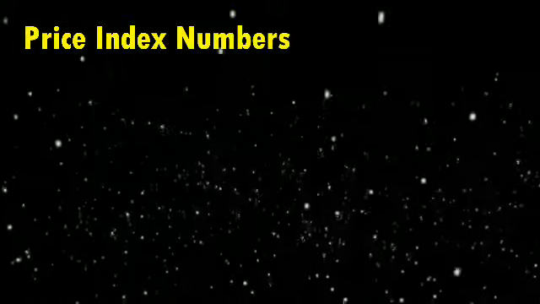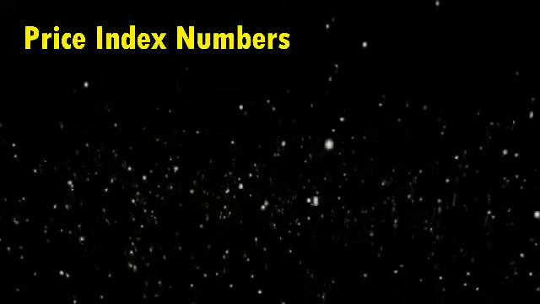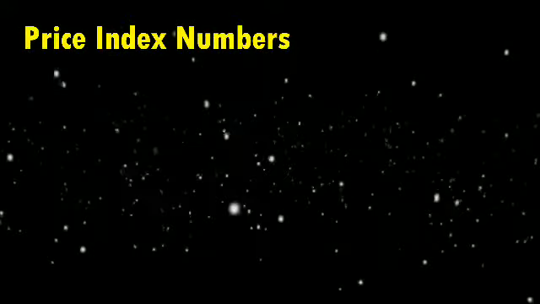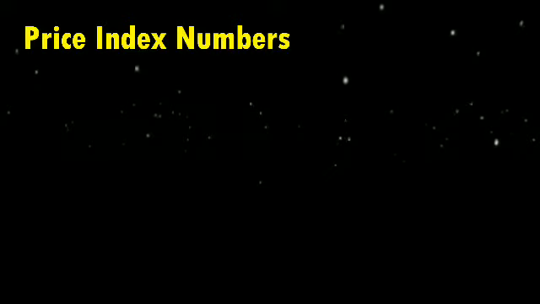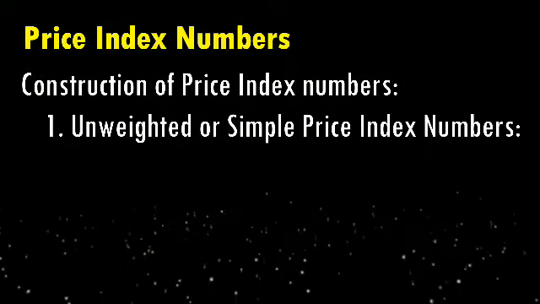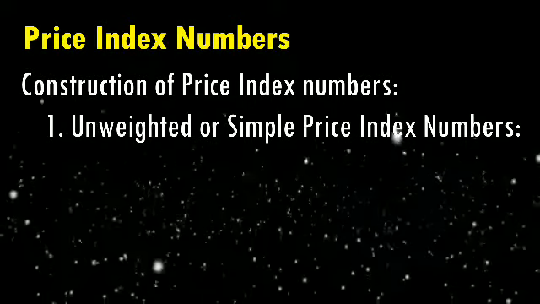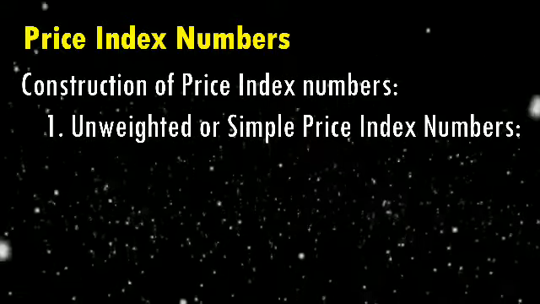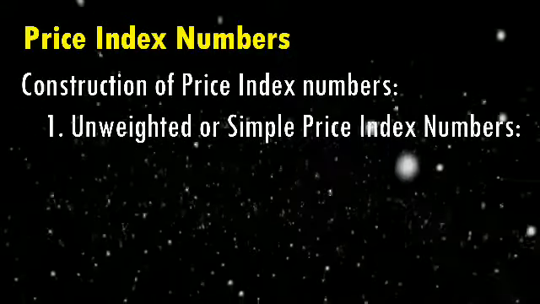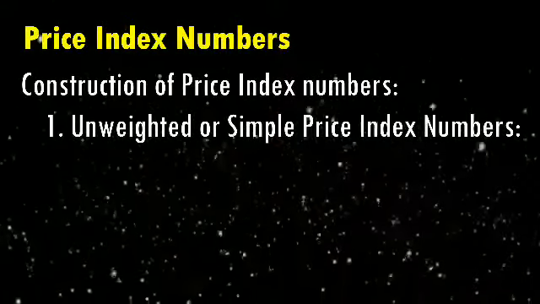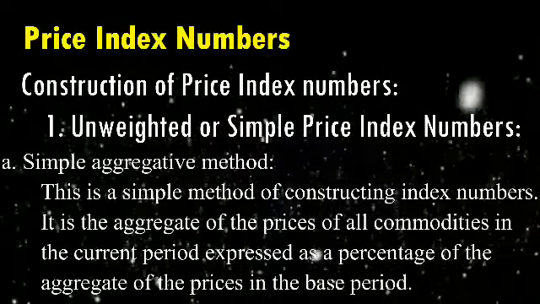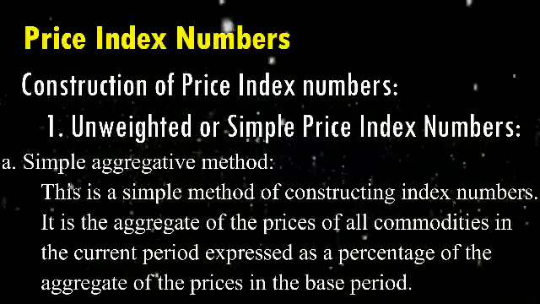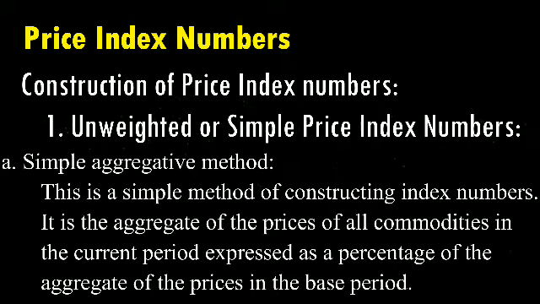So let us discuss one by one, starting from the first index number, that is unweighted or simple price index numbers. Under this, the first category is the simple aggregative price index number. So the side heading is simple aggregative method.